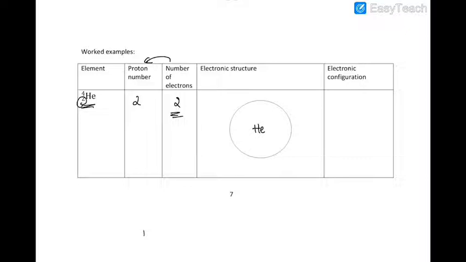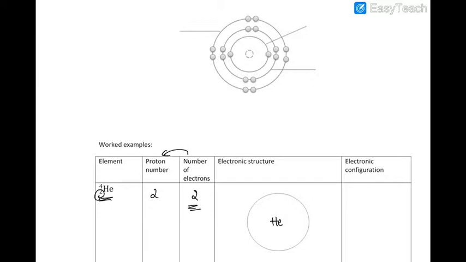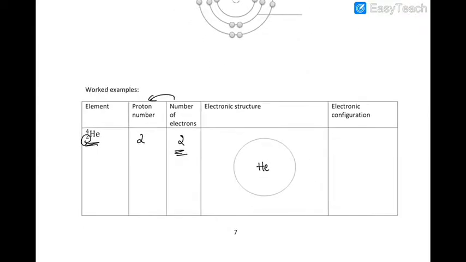We'll start filling the electrons starting from the first shell. The first shell, if you remember, can hold a maximum of 2 electrons. We have only 2, so they both go in the first shell. I'm going to use crosses to represent the electrons.